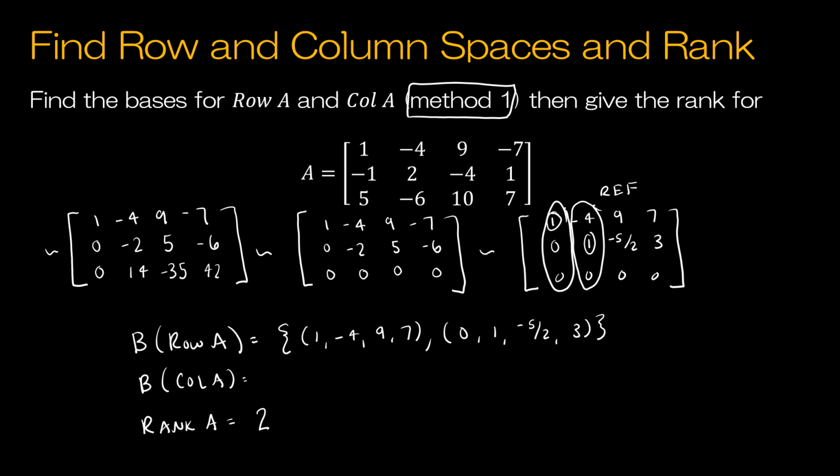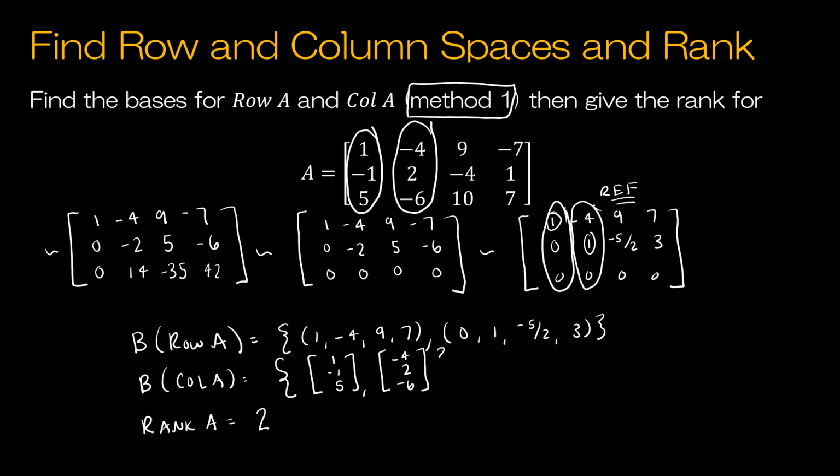But I'm not going to write them from row echelon form. I'm going to write them from the original matrix. So these are the first 2 columns in the original matrix. And so the basis for the column space of A is 1, -1, 5, and -4, 2, -6, the first 2 columns.